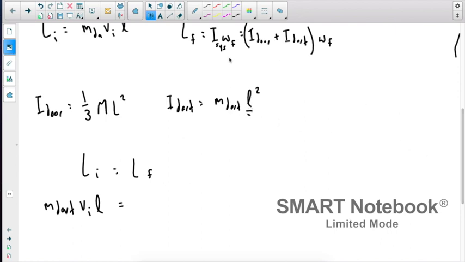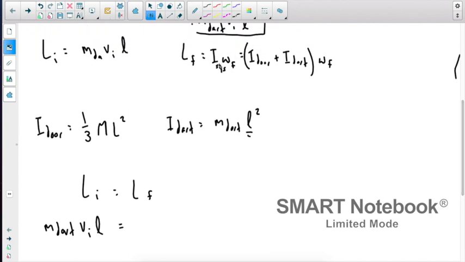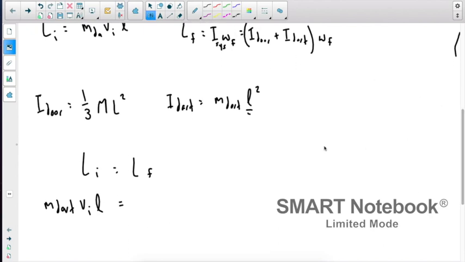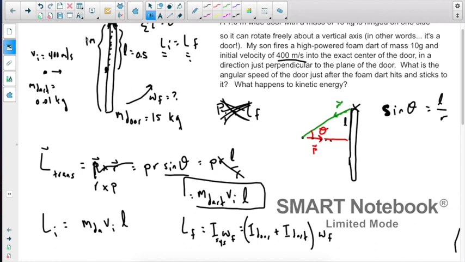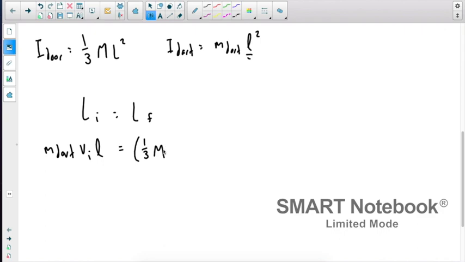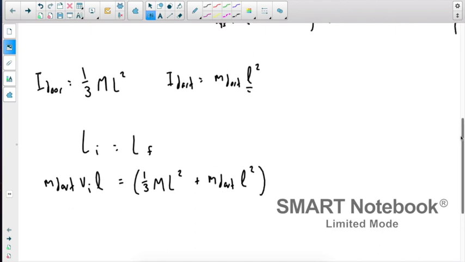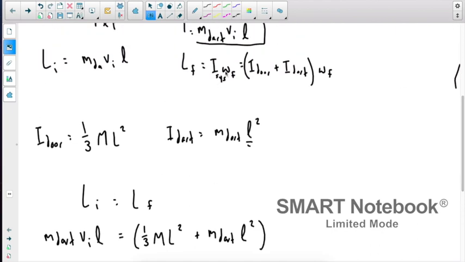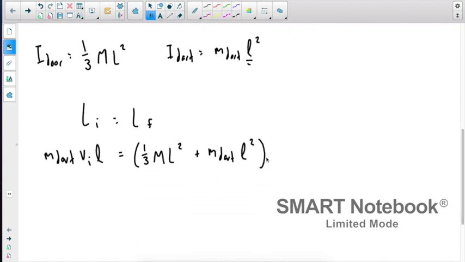And that's going to equal the final angular momentum of my system, which is going to be the I of the door, which is 1/3 M, and the length of the door, let me call that capital L, is 1 meter. I'm going to plug all my variables in later. Plus the I of the dart, which is the mass of the dart times l squared. That gets me the final rotational inertia of the system times that angular velocity, omega f.